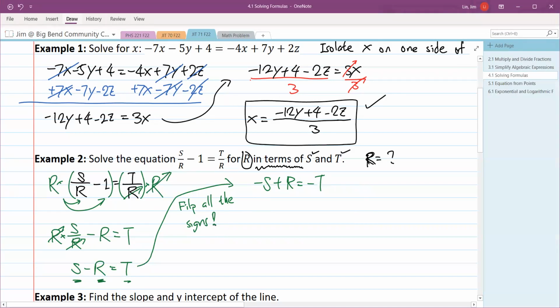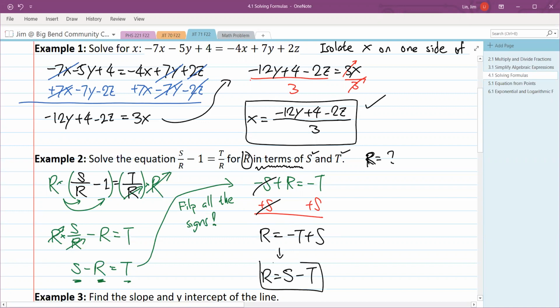Okay, next, we can simply add s on both sides of the equation. And then this is the result. Negative s plus s equals 0, so that's why they cancel, and eventually you have r equals s and a negative t plus s, and then we write the equation, and you have r equals s minus t.